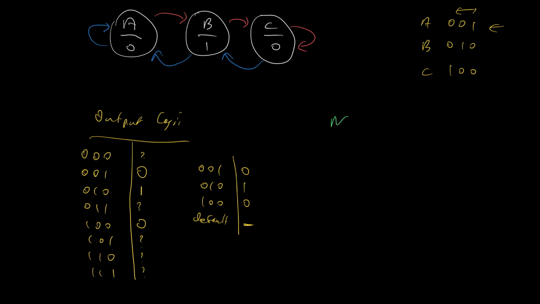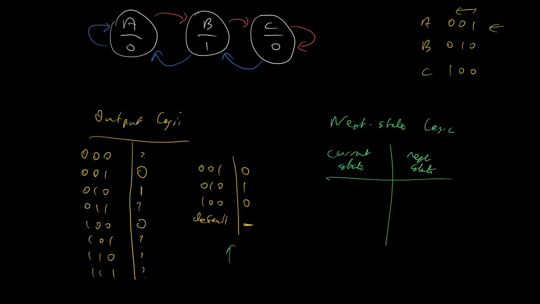The next state logic is handled in a very similar way. I'll take the shortcut way. So we've got our current state and we have our next state. The current state can be 0, 0, 1, 0, 1, 0, 1, 0, 0, and everything else, so I'll just write default here.